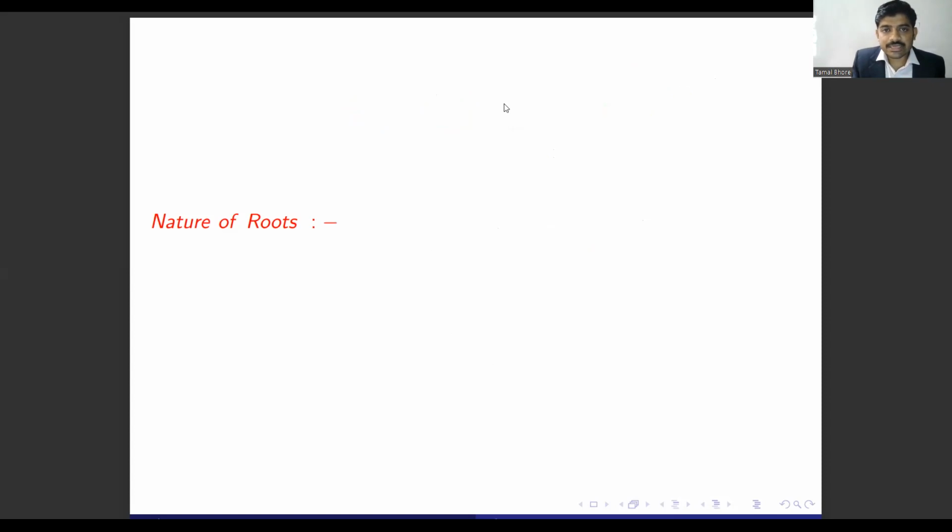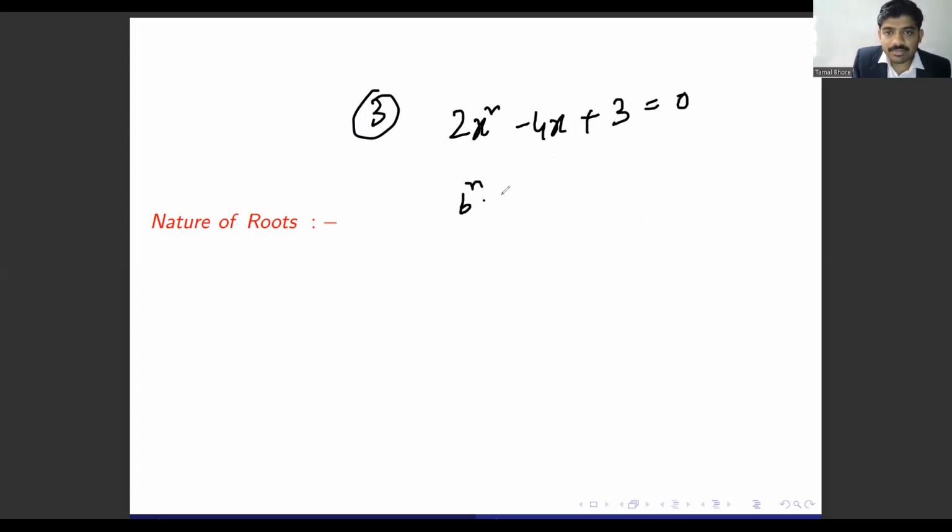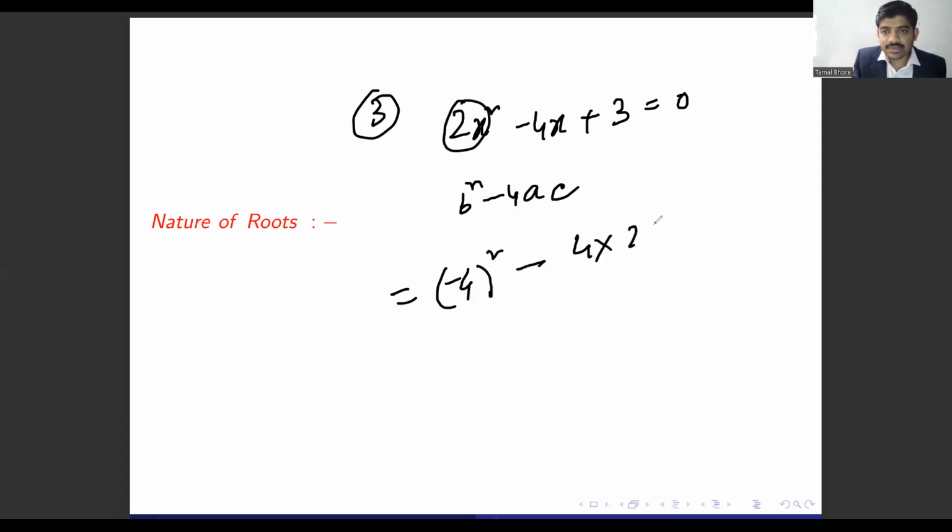Let's take the last case. Last case is this one: 2x square minus 4x plus 3 is equal to 0. So here b square minus 4ac is minus 4 square, 4 into the a value and the c value.